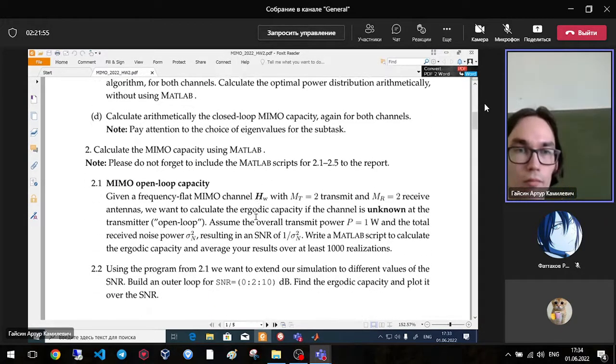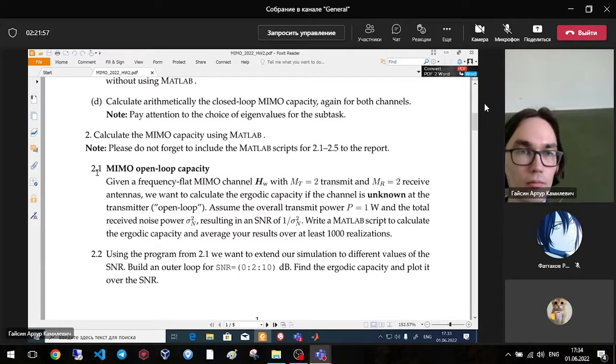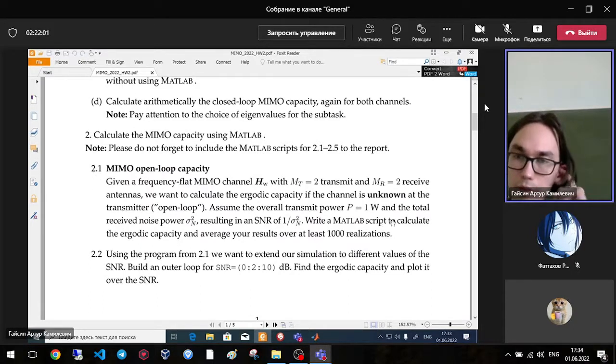And here, in subtask 2.1, you should write a MATLAB script to generate first this channel. So I will show you how you can do it. And we need to write the script which will calculate, let me check, the ergodic capacity here.